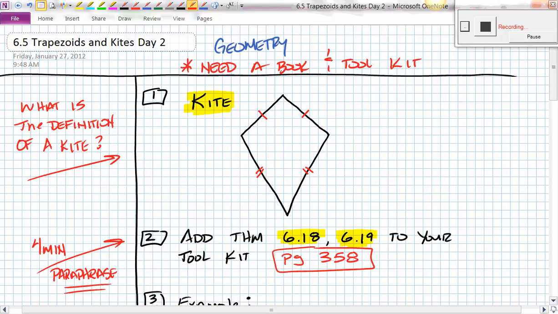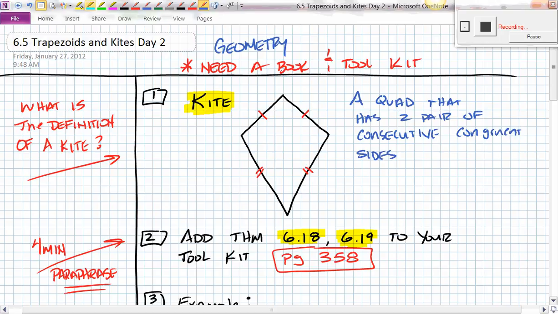All right, good. So for us then, our definition is going to be, well, first of all, how many sides does this thing have? 4. So that automatically makes it what type of polygon? Quadrilateral. So we have a quadrilateral. This is just the definition. It's a quadrilateral that has 2 pair of consecutive congruent sides.